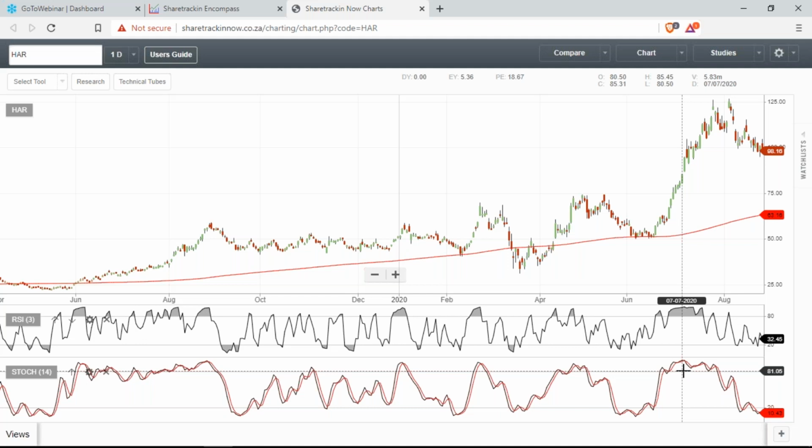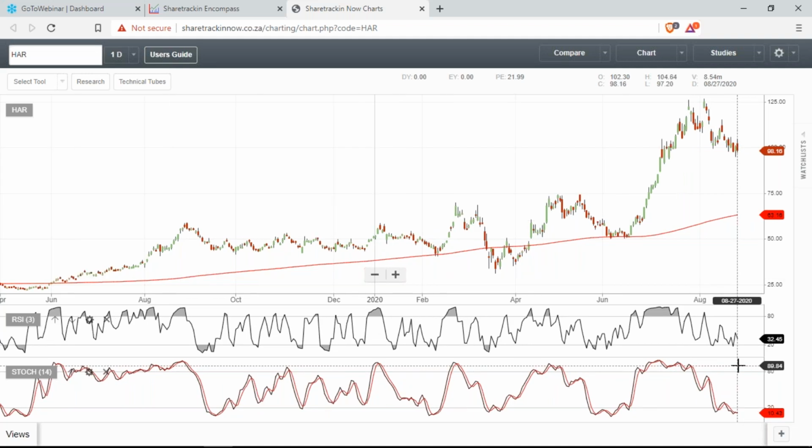After that, I would have waited until the share goes to where it is today, and I can see it's still busy dropping. So I would have waited some more before buying the share.